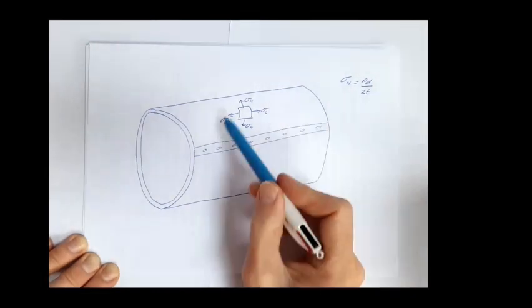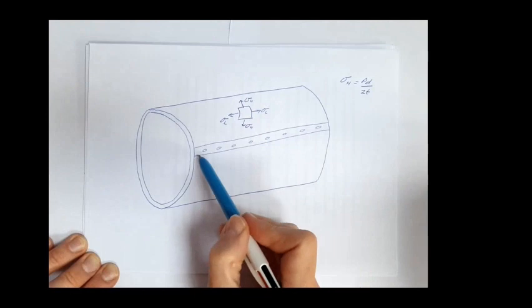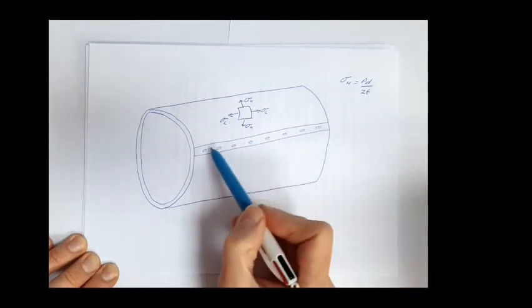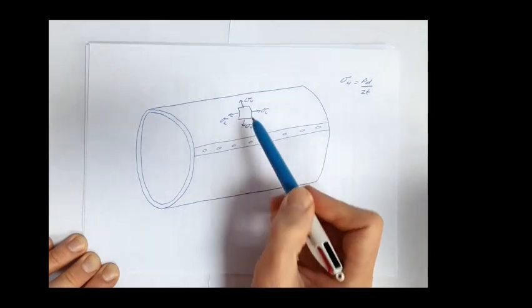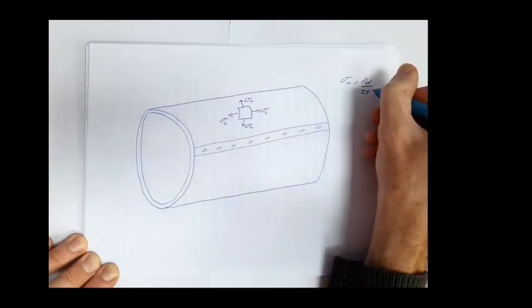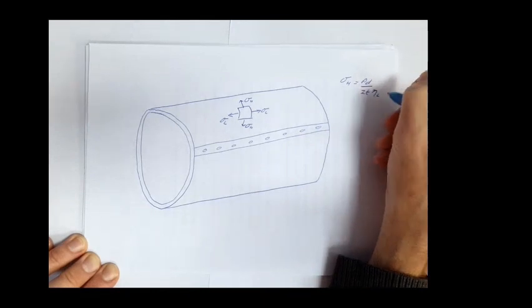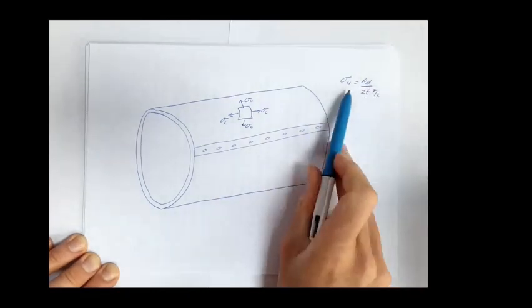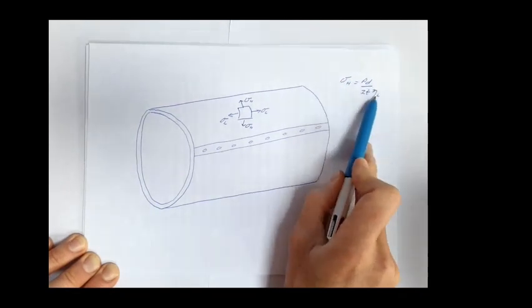Now, looking at that, the hoop stresses go over this joint. The efficiency of the longitudinal joint influences the hoop stress. So all we do is add the efficiency of the longitudinal joint there.